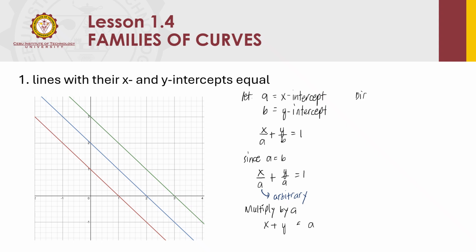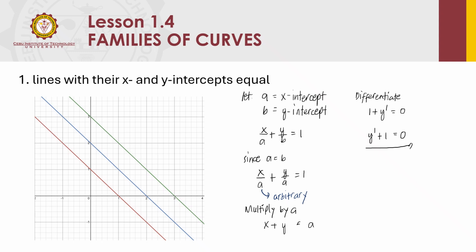Now by differentiating with respect to x, we have 1 plus y prime, and a is a constant, so its derivative is 0. If we arrange the terms, starting off with the derivative, we get y prime plus 1 equals 0. So this is the differential equation representing the family of lines with the x and y intercepts equal.